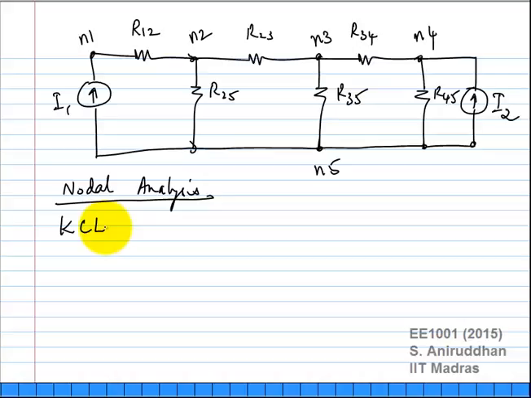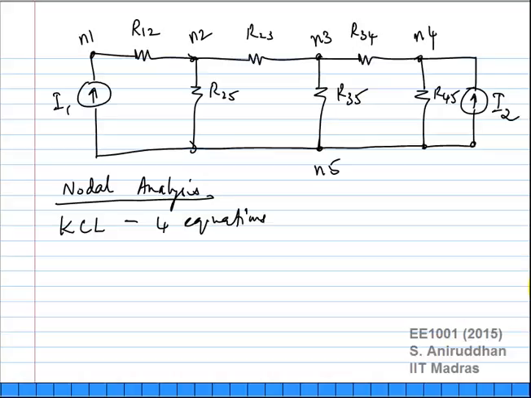How many independent KCL equations can you write? 4, right? So 4 independent equations. So you will have to choose 4 nodes out of these 5. Which nodes will you choose and why? Huh? You can actually choose any one of them. Of course, it will give you the answer.